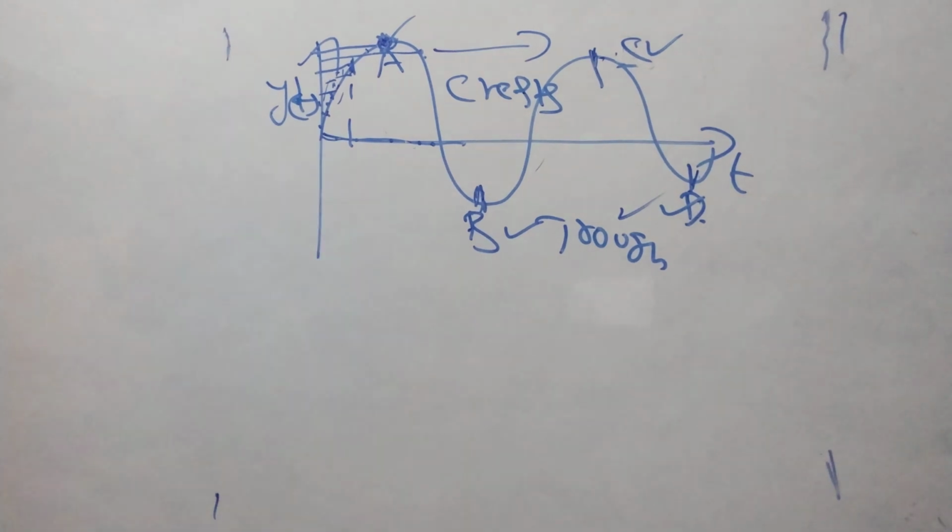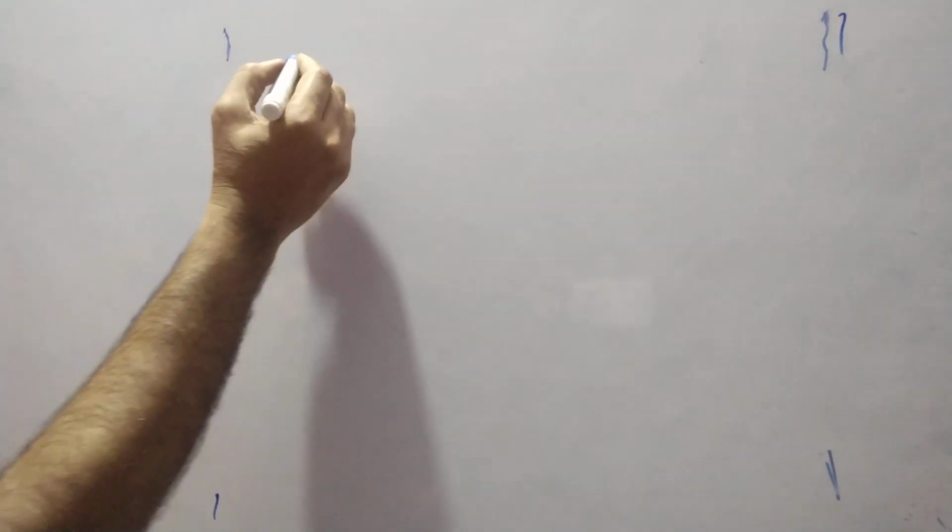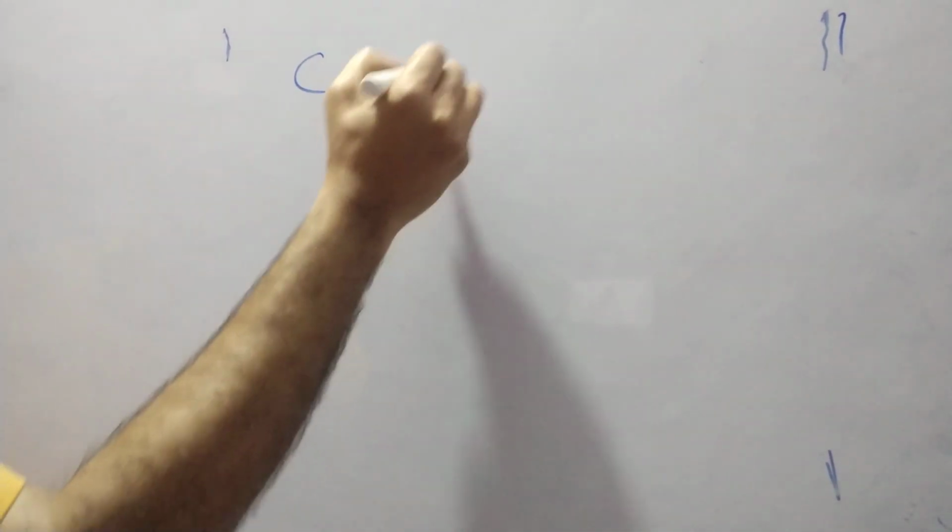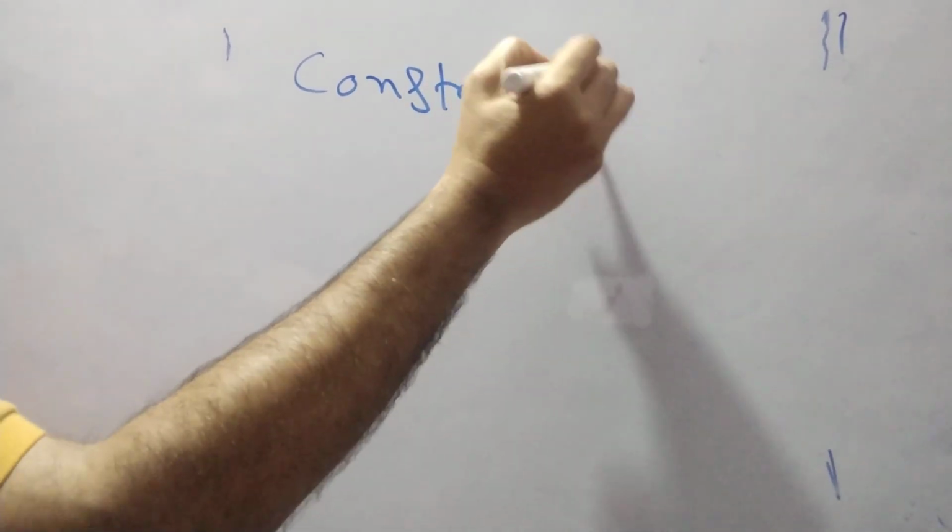To define constructive and destructive interference, we have to know what a crest is and what a trough is. Now we know, so I am defining constructive interference.